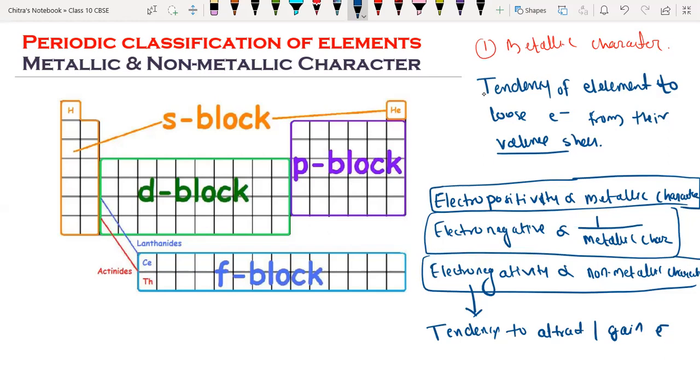Now we have to check the metallic and non-metallic character, or electropositivity and electronegativity, in groups as well as in periods. One more thing we can say here: electropositivity is directly proportional to metallic character, means metals, and electronegativity is directly proportional to non-metallic character, means non-metals.